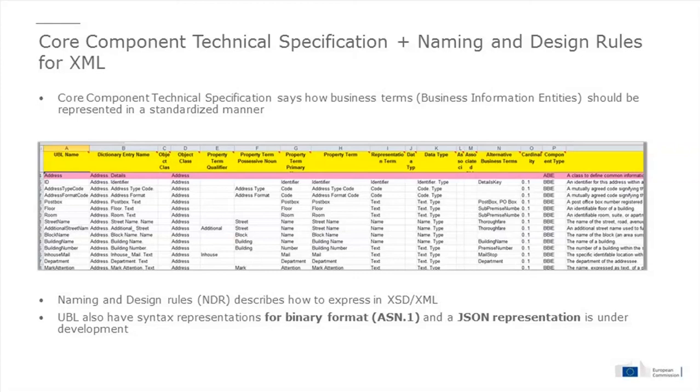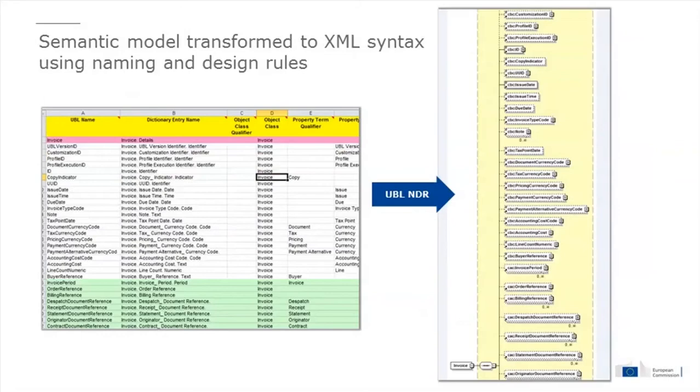UBL also has a syntax representation for binary format, and also now under development a JSON representation instead of or in addition to XML, for those who want to use JSON instead. So the semantic level we now have here on the left side, where we have a rule set called UBL naming and design rules, and these are used then to create the XML schema.